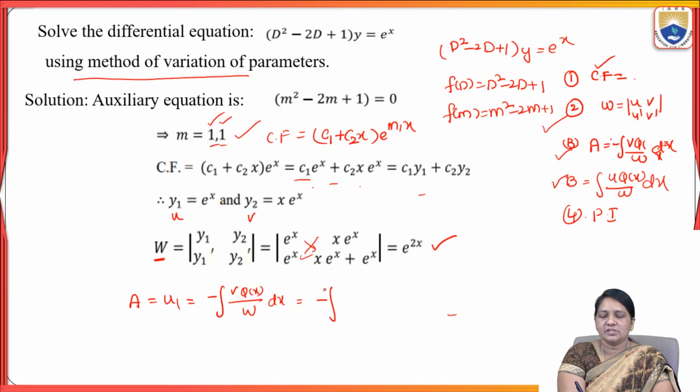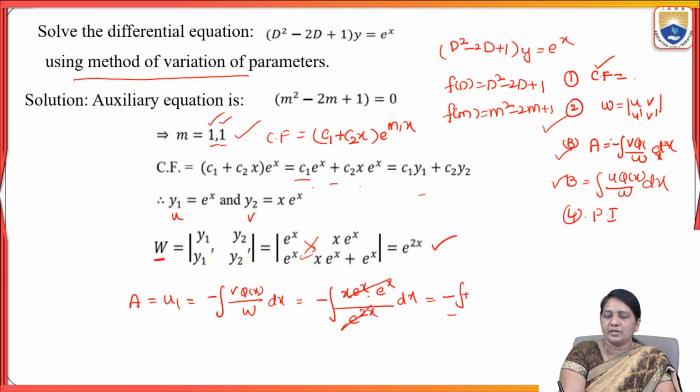So here, what is the v r y2? That is x into e power x. What is the q of x value? Q of x value is e power x by constant value, e power 2x into dx. So here e power 2x will be cancelled, minus integral x dx. This value is minus x squared by 2. This is the value of a.